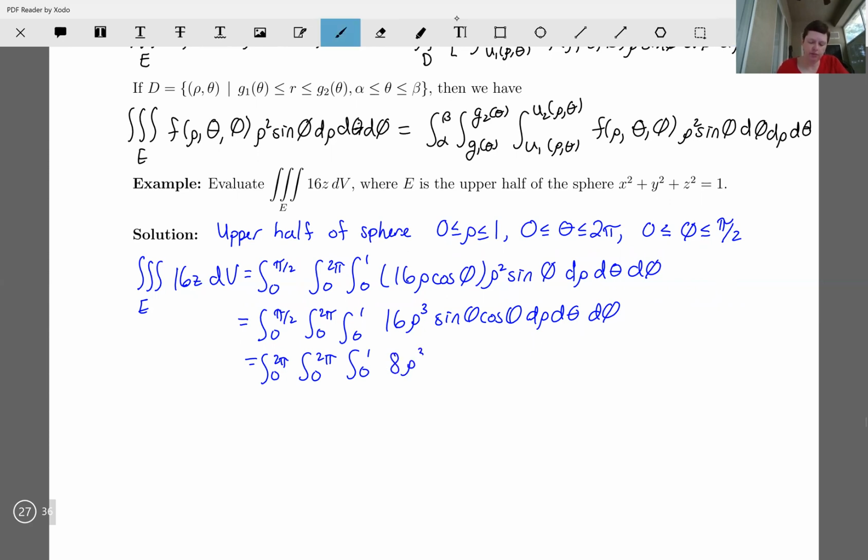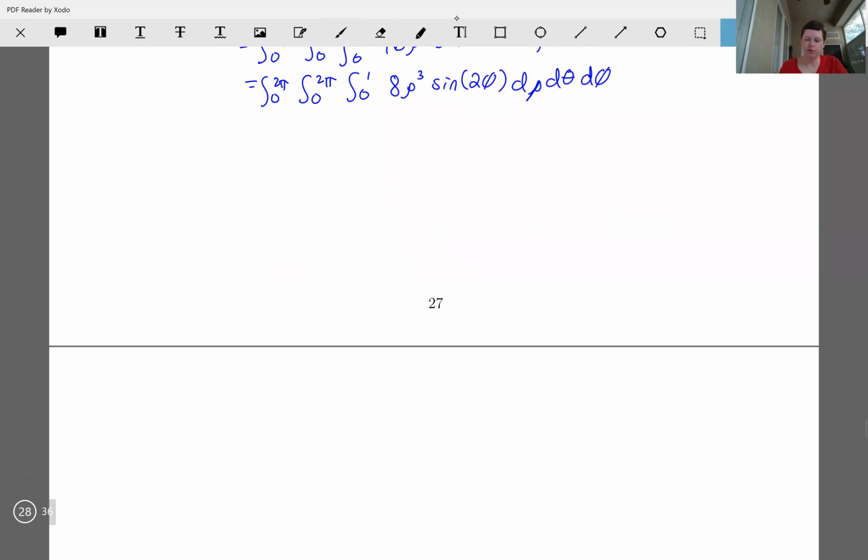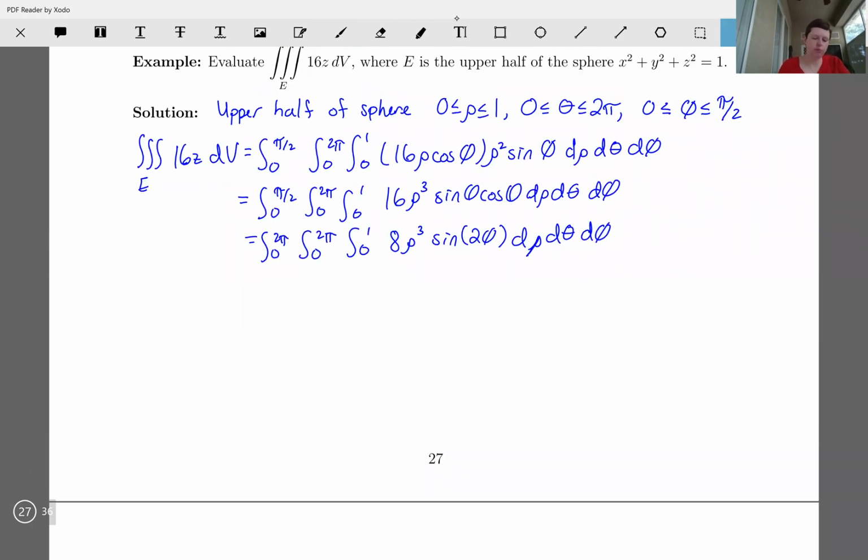So this gives me 8 rho cubed sine of 2 phi, d rho, d theta, d phi. Sometimes these little uses of identities can save you some work in the long run. Okay, let us begin our integration.